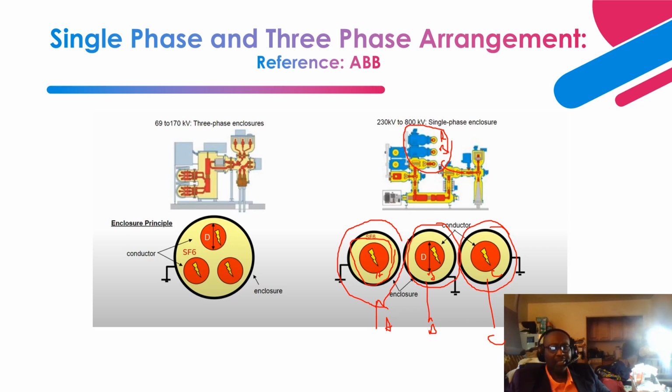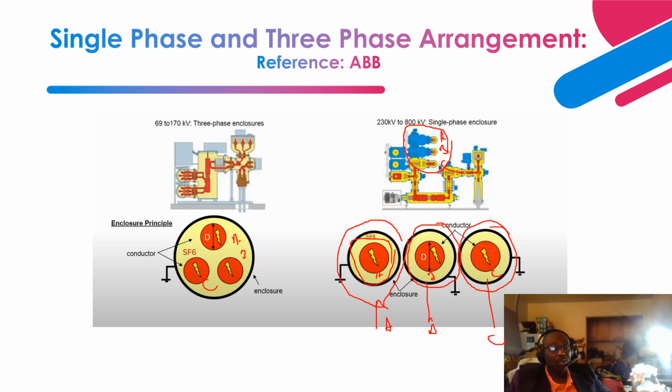On the other hand, you can have a three-phase arrangement where phase A, phase B, and phase C are in a single enclosure, and inside this enclosure is the SF6 insulating medium.